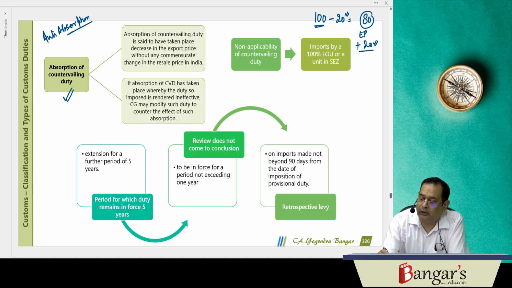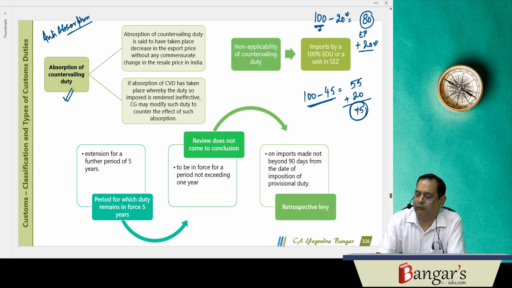Now they have further increased the subsidy, to the tune of 45 rupees instead of 20. So 100 minus 45, the article is now imported into India at 55, we have already levied 20 duty. Now the price works out to be 75 only.